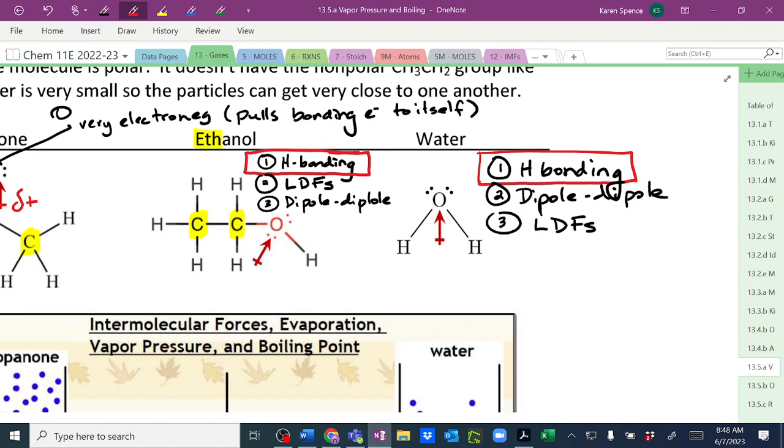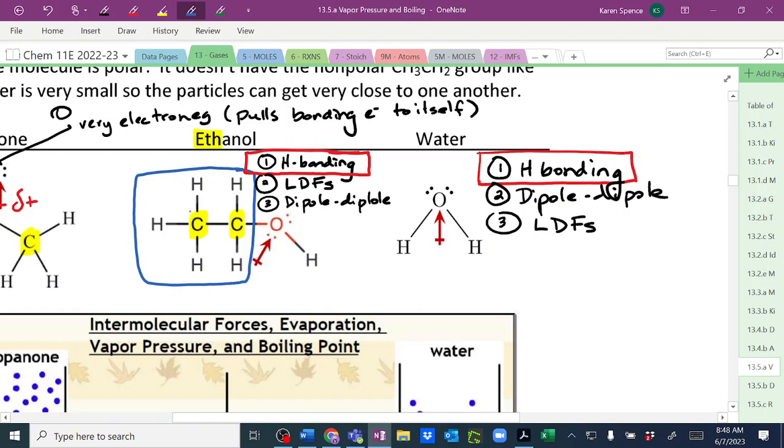You're absolutely right. Ethanol has this whole little non-polar area over here. Why is this area non-polar? Because the carbon and the hydrogen have similar electronegativities. It's also symmetrical. You get that tetrahedral arrangement around this carbon.